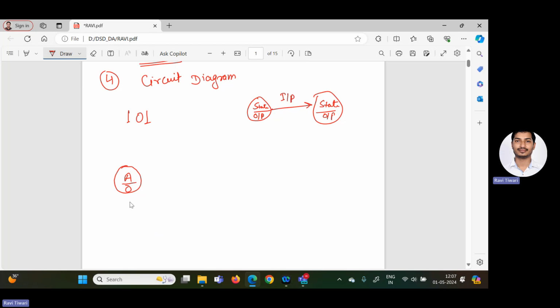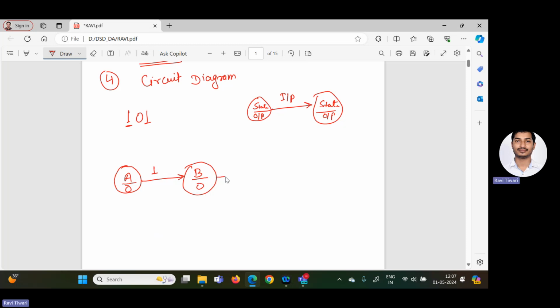So we are initializing the state A as we have not received a single bit correct. That means output is 0. Whenever I receive a single bit correct, that is 1, I will move to another state that is B, and output is 0 because we have not received a correct pattern. Whenever you receive the correct pattern, then only your output becomes 1.